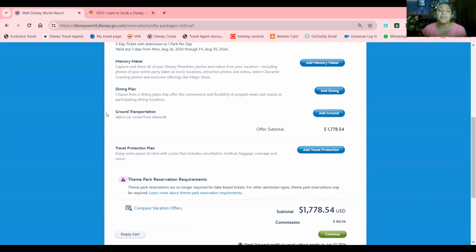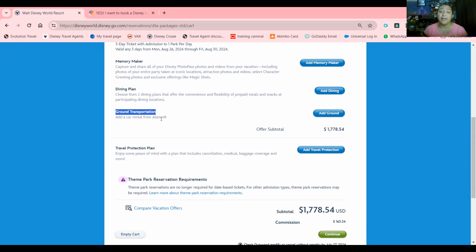Okay. Ground transportation. It is no longer free to go from the airport to the resort. Before it was free. Now it's not. So the client needs to use an Uber, a Lyft, a taxi, or a shuttle, but they have to pay for it.